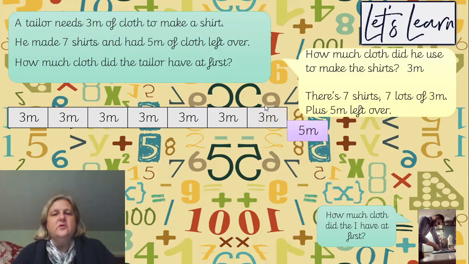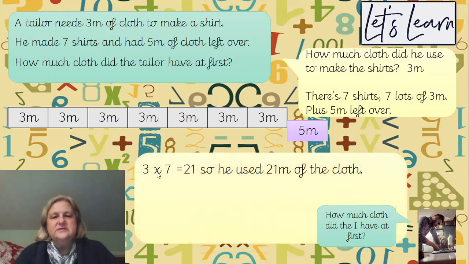So what we've got is all of this plus the 5 metres is the amount that he has got to start with. Okay, so he's got 7 lots of 3 plus the 5 metres. So we work that out and we should get to the right answer. We're going to use our multiplication facts for these first. 3 times 7, or 7 times 3, is 21.